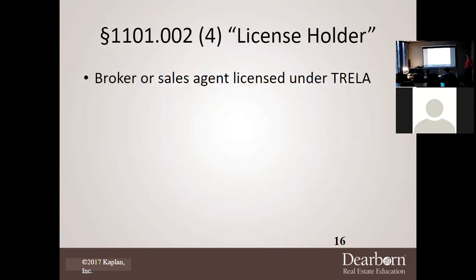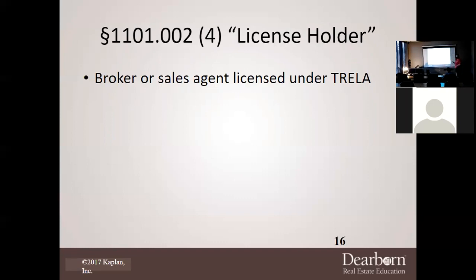Now, what about license holder? Who's a license holder? Mr. Eugene, who would be a license holder? Well, an agent, for real estate. So you say that Travis is a license holder, and I am not? Well, yeah, but you've got a broker's license, he just has an agent's license. You're a broker, you've got to have a license.